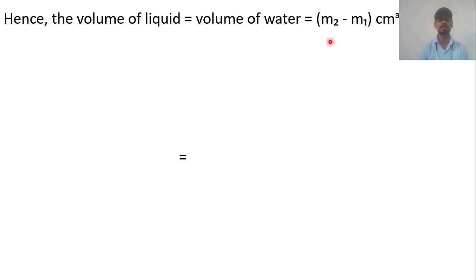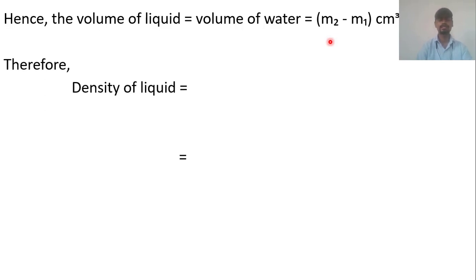It means the water as well as the liquid poured inside the density bottle have the same volume, obviously, because they are filled in the same container. Whatever volume of liquid you poured, the same volume of water was poured in the same bottle, so the water also has the volume M2 minus M1.